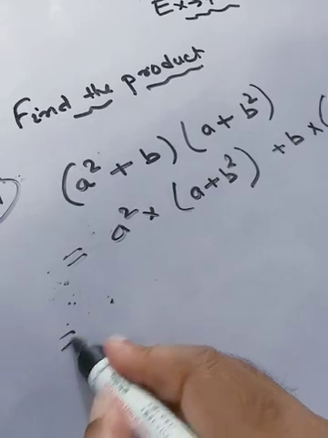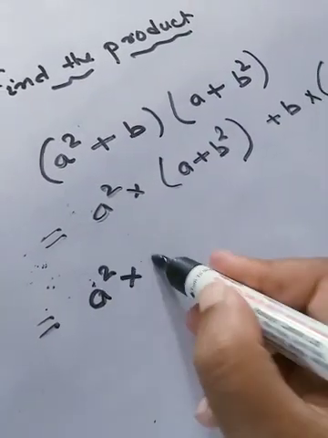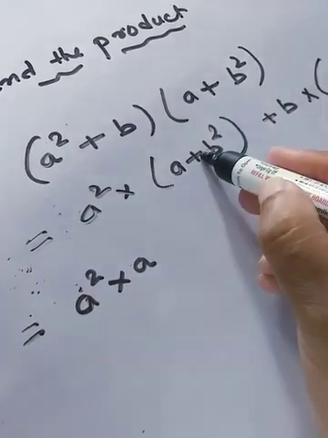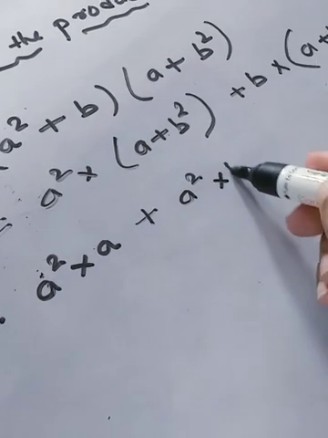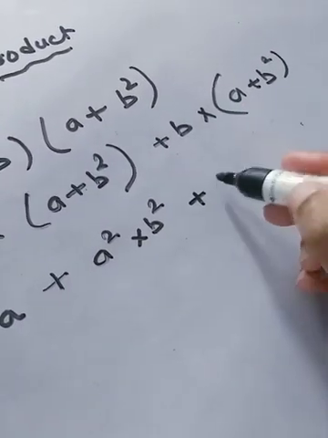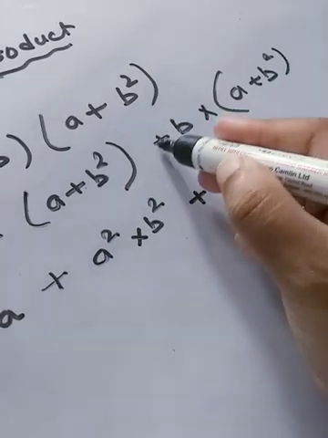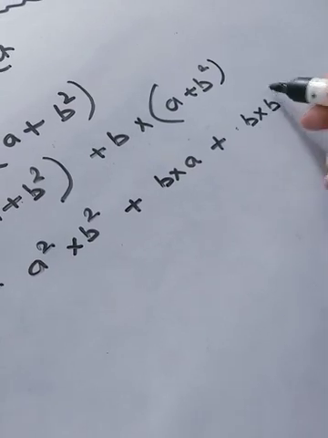Okay, now let's open the bracket. That is a square into a, plus is plus a square into b square. Now again with this we have to multiply b into a, plus is plus b into b square.